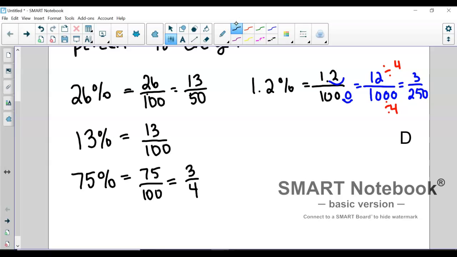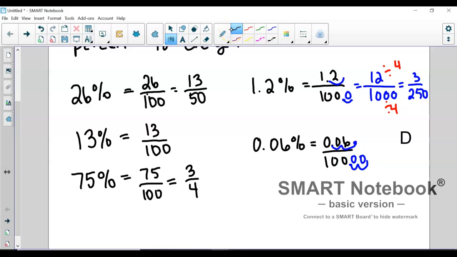So if I had 0.06%, that would be 0.06 over 100. I could move that decimal 2 places to the right to get rid of it, which means I have to move the decimal 2 places to the right in the bottom as well. So I add zeros right there.